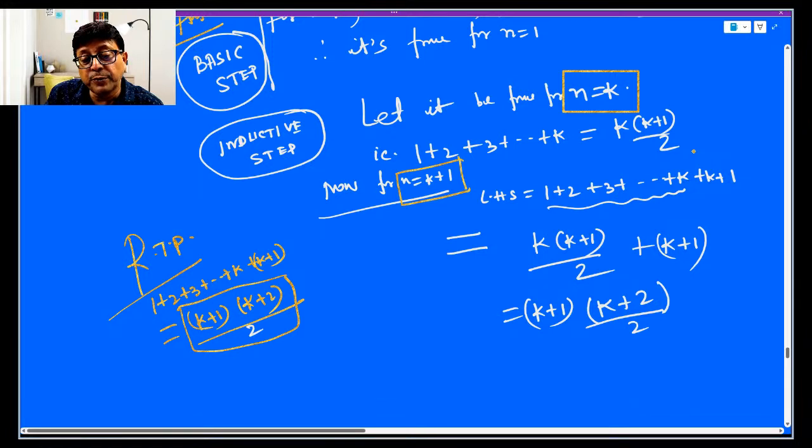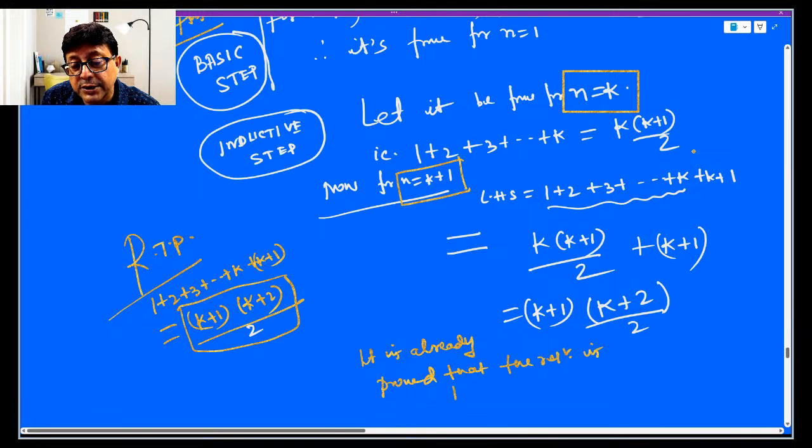But we have already proved that the relation is true for n equal to 1. So how does this inductive step help? It tells you that if it is true for k, it will be true for k plus 1.